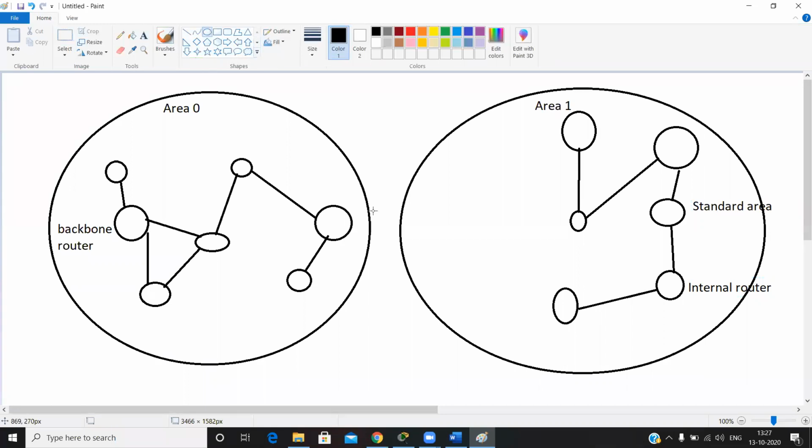And one router connects both area 0 and area 1. A router which connects two areas becomes an ABR. But one interface of the ABR must be in area 0. Then our connection can be established.